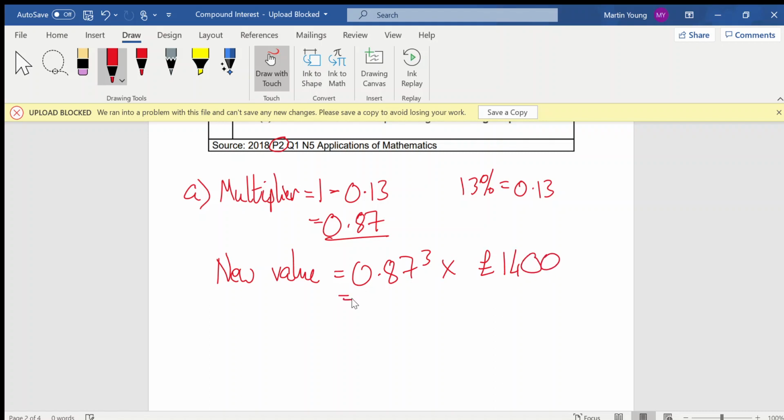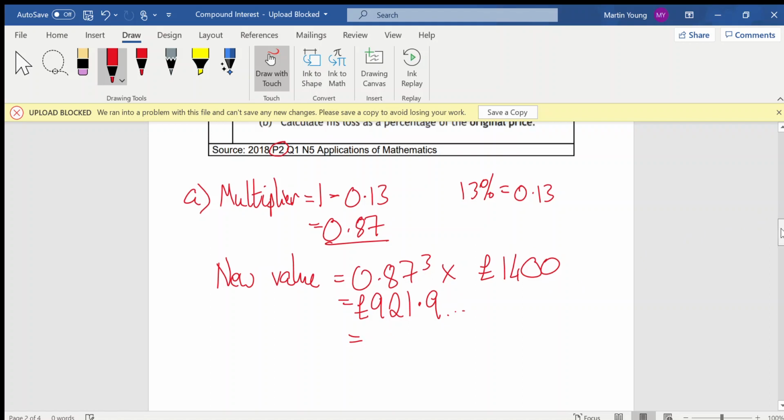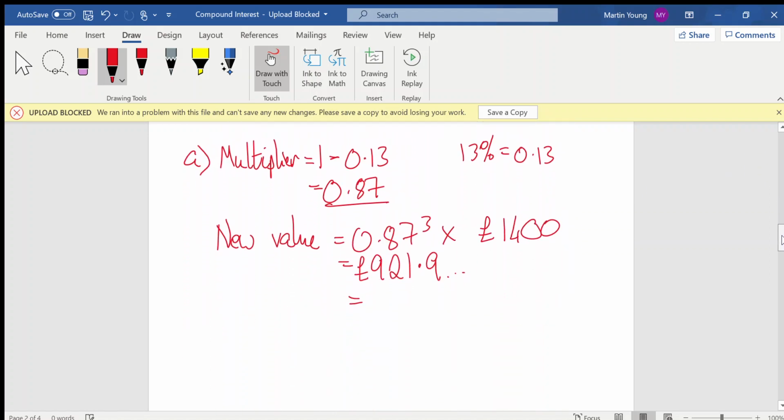Get the calculator. 0.87 to the power of 3 times 14,000, and that is 9,219... and just keep going, because the question asked us to round to 2 significant figures. So this is where I'm going to draw the line. Look at the value next, it's a 1, so it's just going to be 9,200 to 2 significant figures.